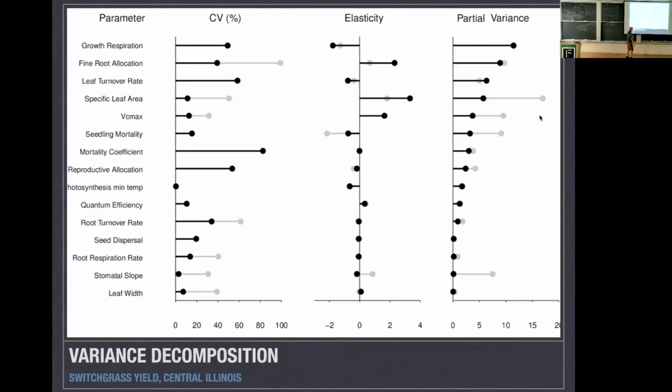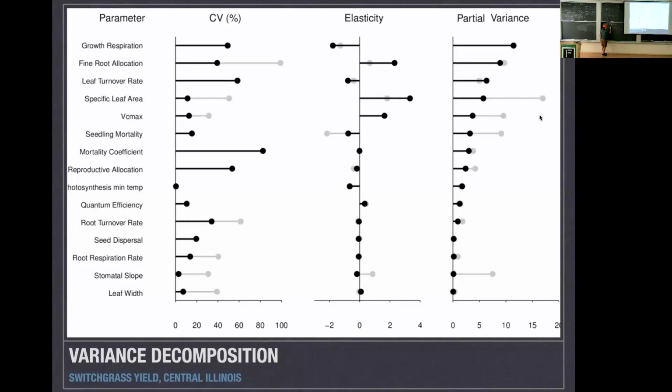And then these two things: CV, the coefficient of variation, is the standard deviation divided by the mean. So it's basically this uncertainty term normalized to get rid of the units.